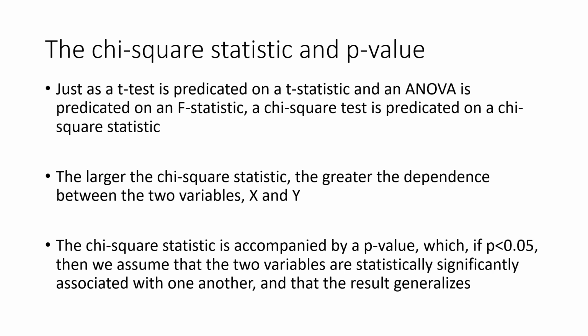And as with the t-test and the ANOVA, the chi-square statistic is accompanied by a p-value. If that p-value is less than 0.05, which is the commonly agreed upon cutoff that we as data scientists use, then we can assume that the two variables are statistically significantly related to one another, and therefore that the association between x and y in our sample generalizes to the broader population.